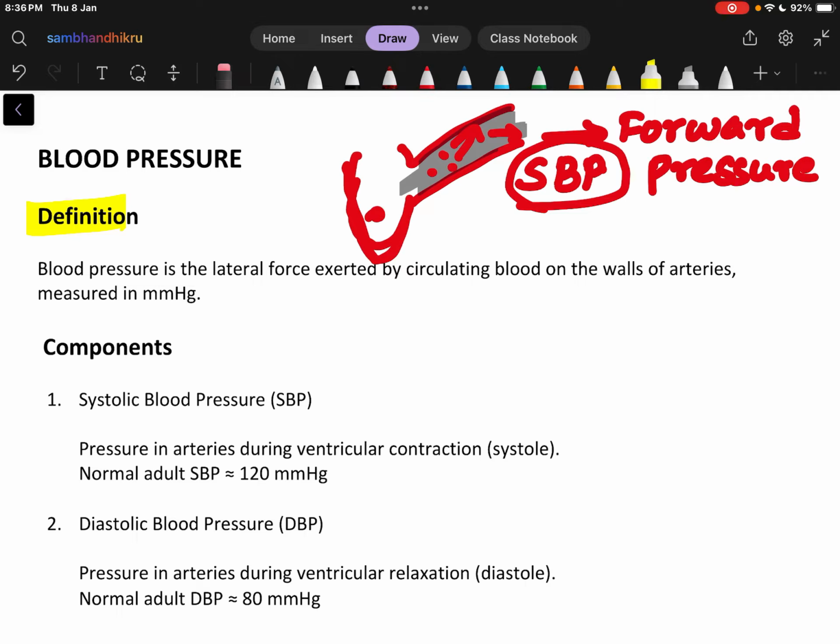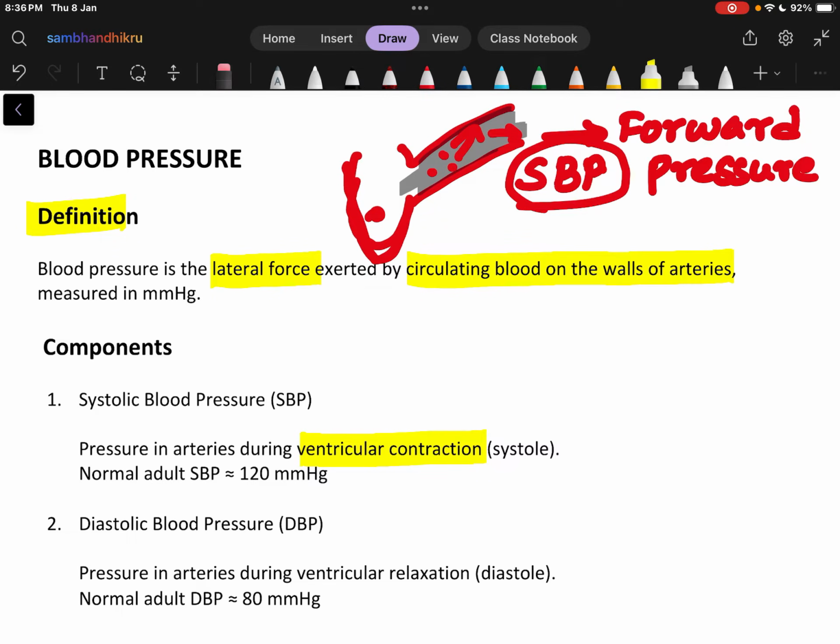Now we will come to the exact definition. Blood pressure is a lateral force exerted by the circulating blood on the walls of the arteries due to the ventricular contraction and ventricular relaxation. Systolic blood pressure is the pressure in the arteries during ventricular contraction, and ventricular contraction means systole.